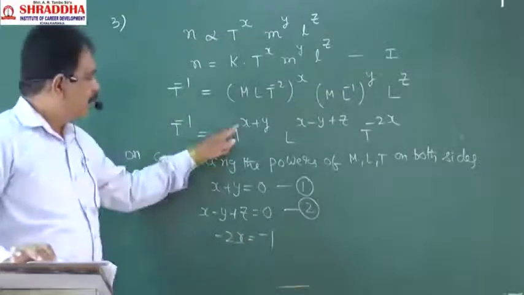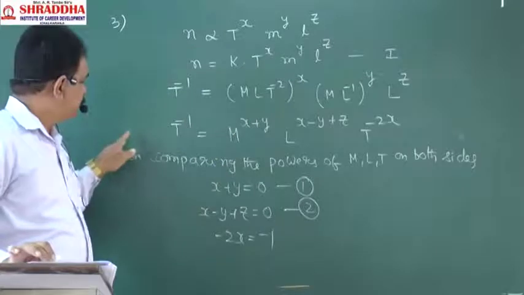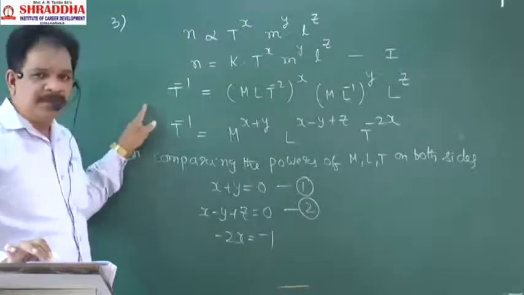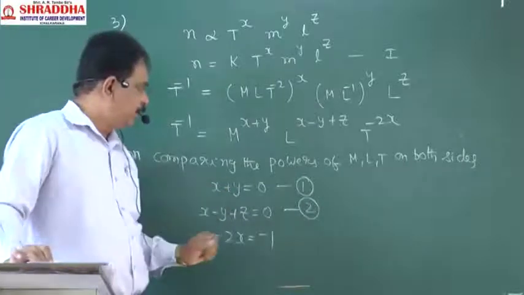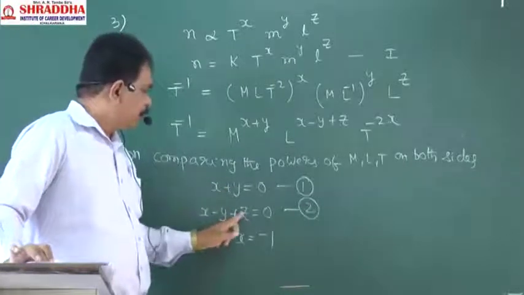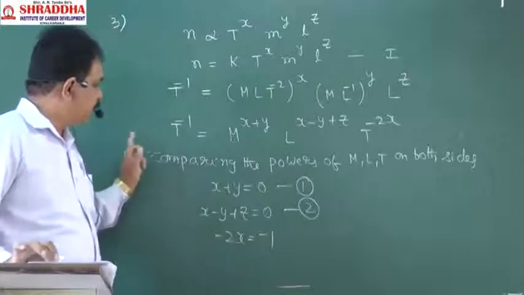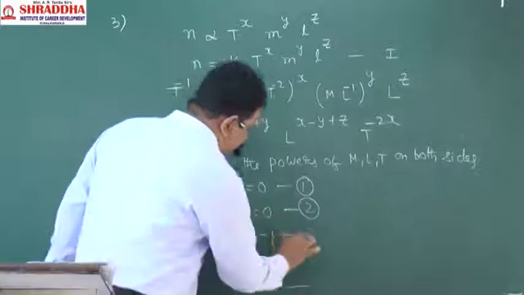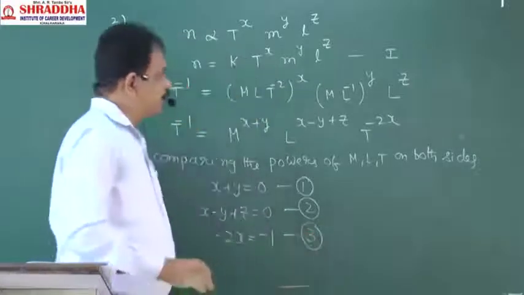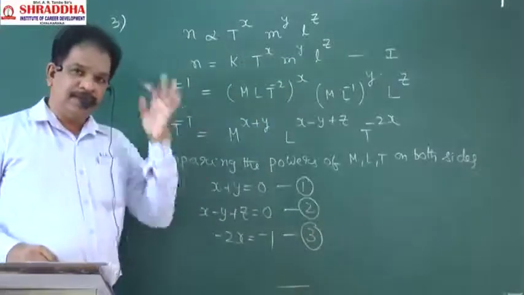Understanding? Here M power X plus Y, on the left there is no M, means M power 0 is there. So X plus Y is equal to 0, X minus Y plus Z is equal to 0, minus 2X is equal to minus 1. These we will get. Clear?